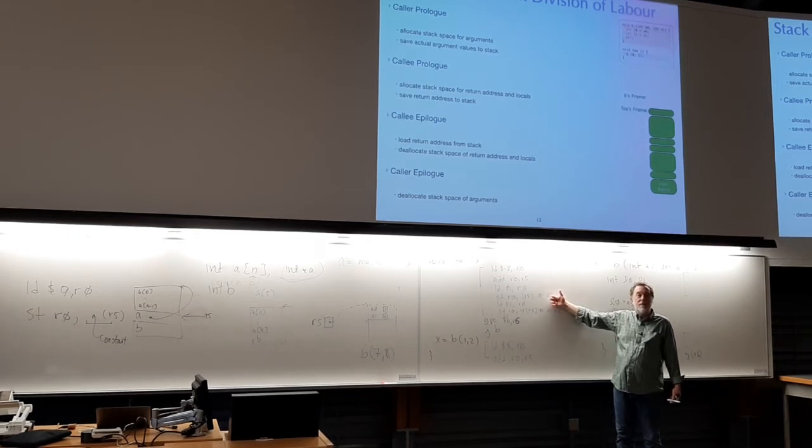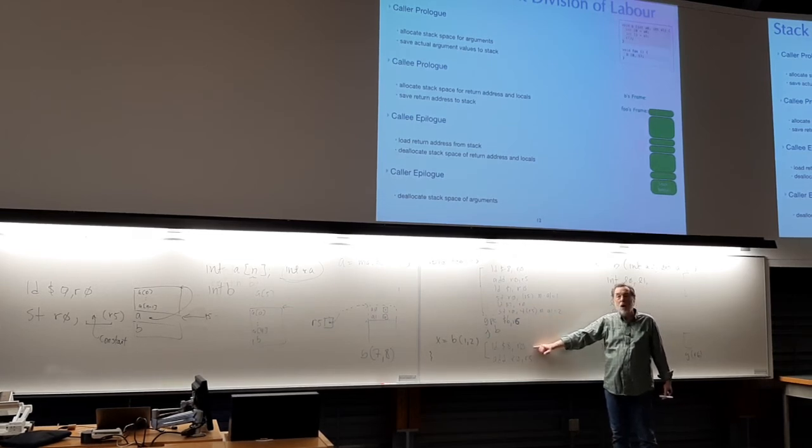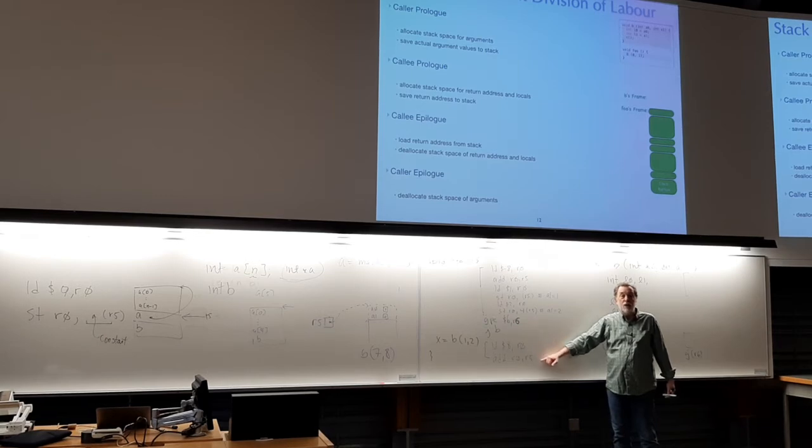And then it copies the values of the arguments onto the stack at those locations. Then it computes the return address and jumps to that procedure. Now the return address, of course, is going to be pointing at that line of code. And when the procedure returns and you come back here, it deallocates that part of the activation frame that it allocated.